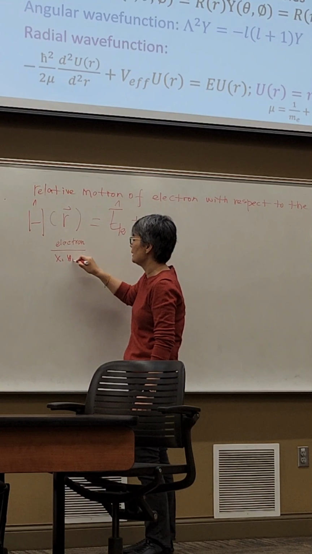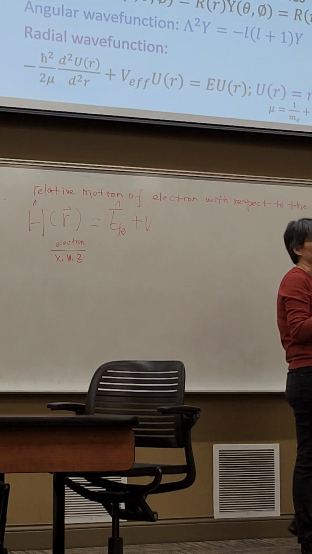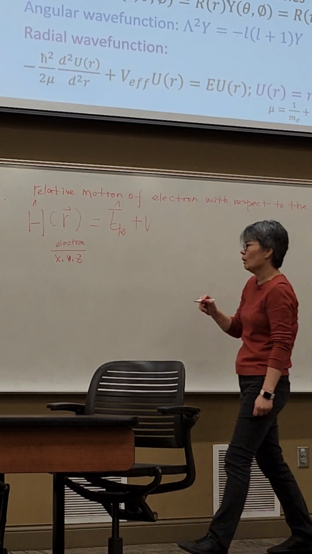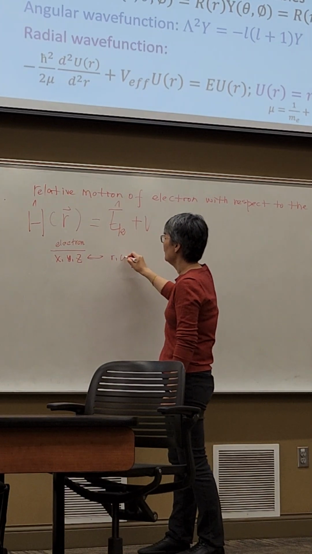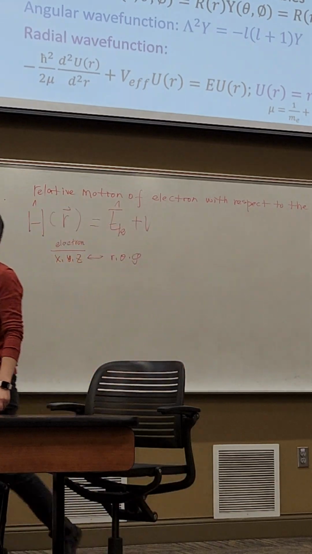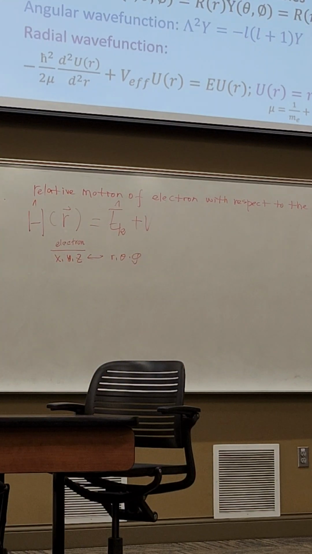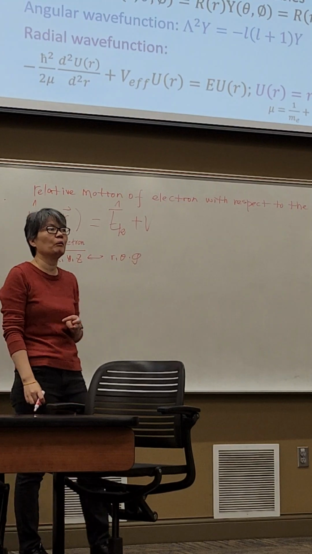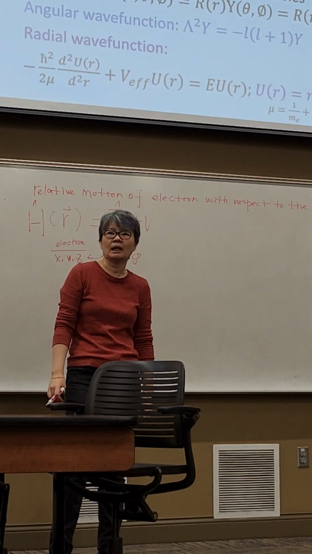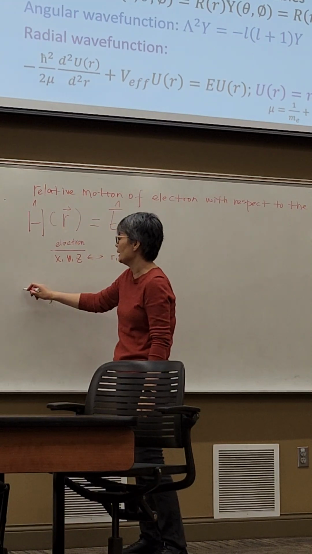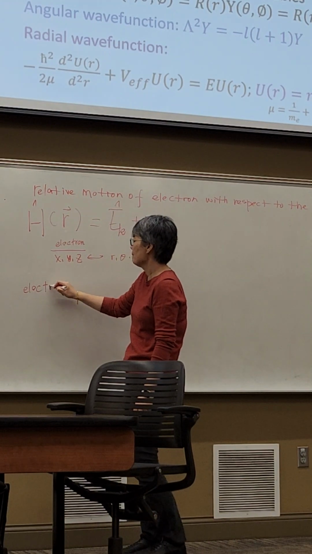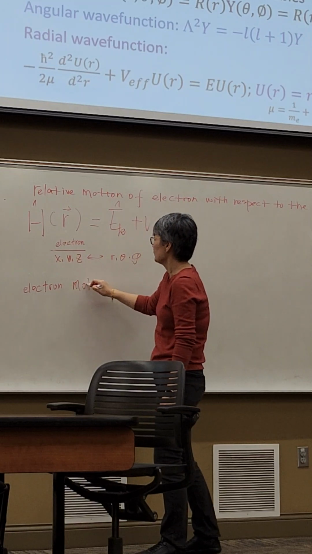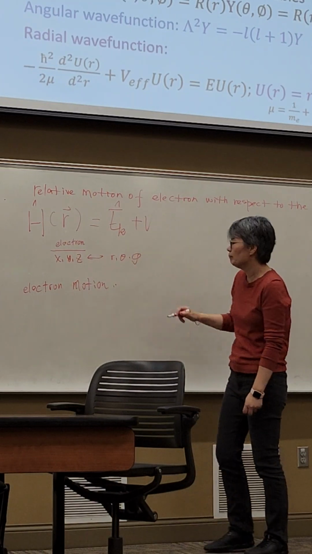We can use x, y, z to refer to the position of the electron, or we can use r, theta, phi. It's easier for us to do it in r, theta, phi. Furthermore, when we consider the motion of the electron, we are going to borrow what we already learned.